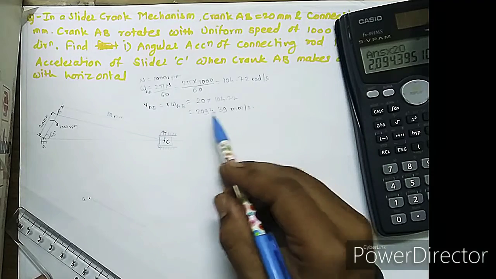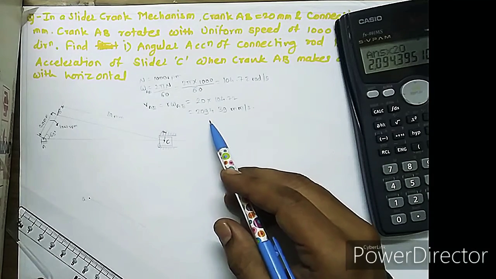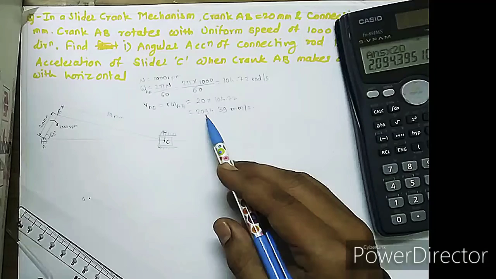Now we got the velocity of crank AB, 2094.39 mm per second.